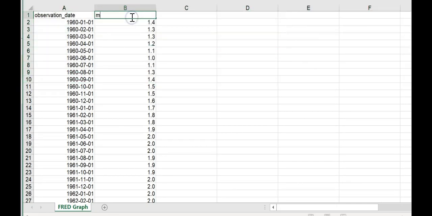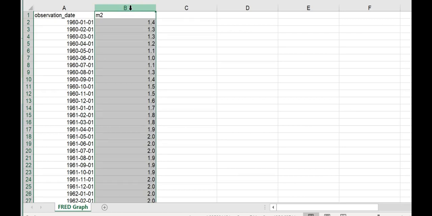And let's just call this M2. Now the thing to do, let's select this whole column and copy this. We have to remember this date, so 1960 01.